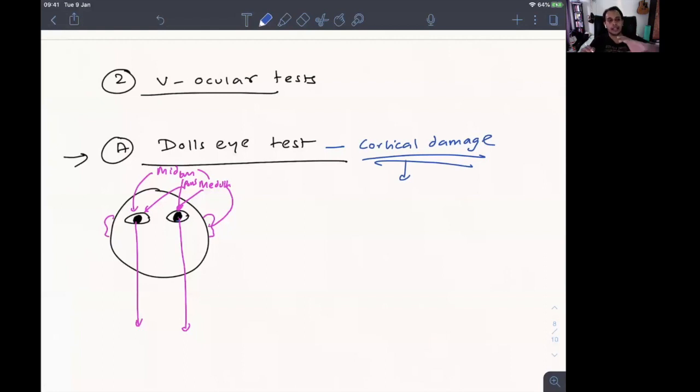And in the doll's eye test, with the head movement, if I turn the head to the right, the eyes should go to the left initially and then slowly move to the right. So that is called the doll's eye test. And that indicates that this circuit is normal. So the circuit from your vestibular system to the medulla to midbrain and pons, that circuit is normal. So that means that there is less likely to be brainstem damage.